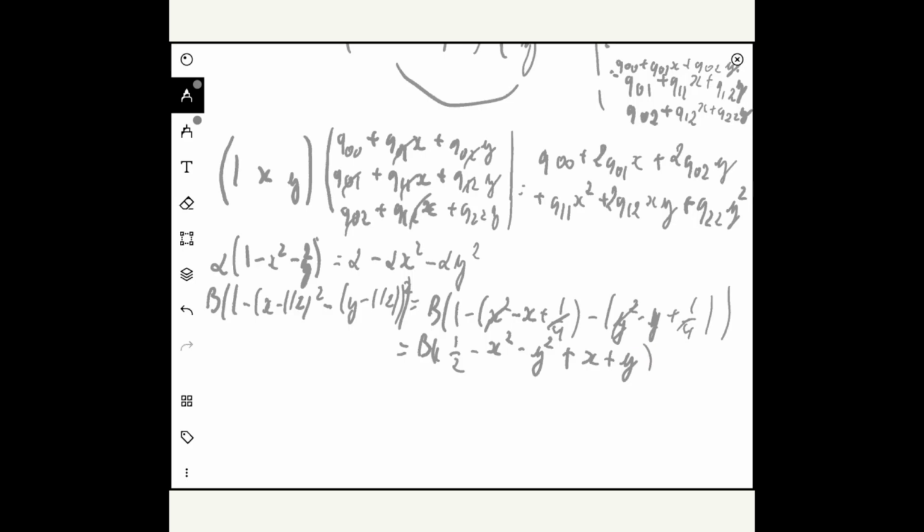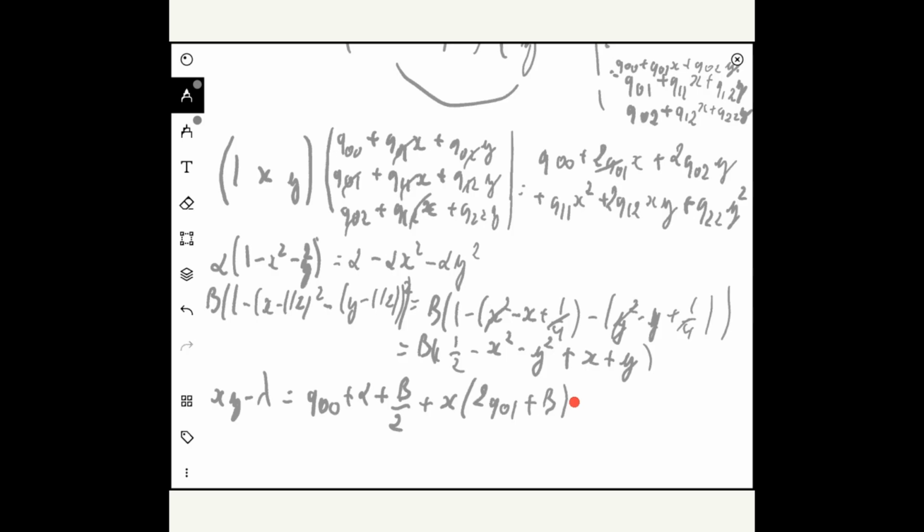And so if we factorize everything, we get xy minus lambda equal to q00 plus alpha plus beta over 2, plus, factorizing by x, 2q01 plus beta.